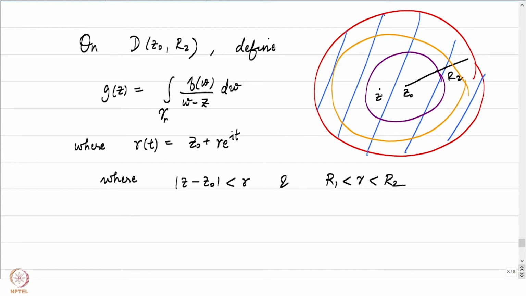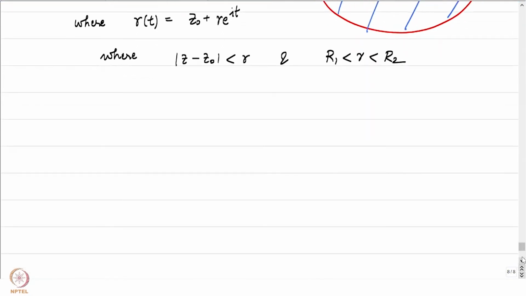But if it was in the annulus, just pick some particular small r which satisfies the condition that mod z minus z0 is less than small r, and define g of z to be exactly equal to this integral.